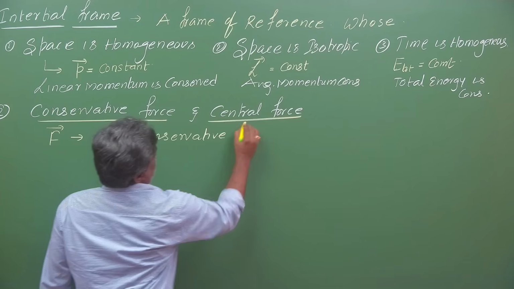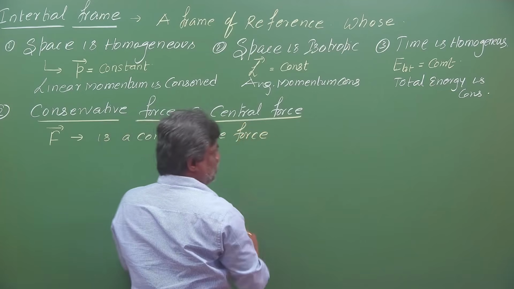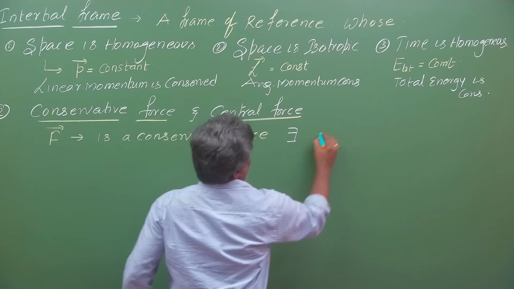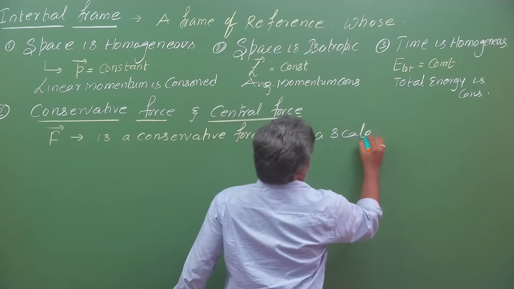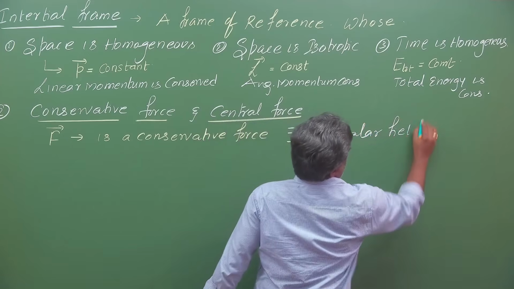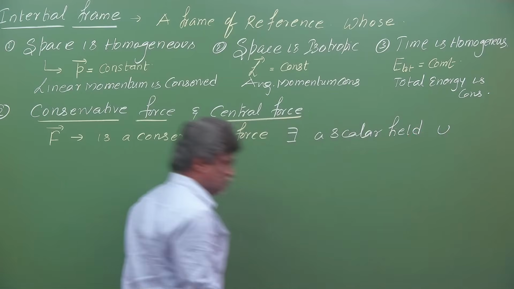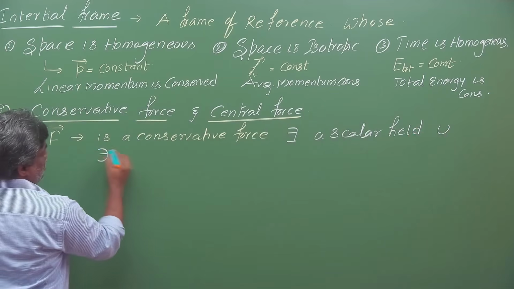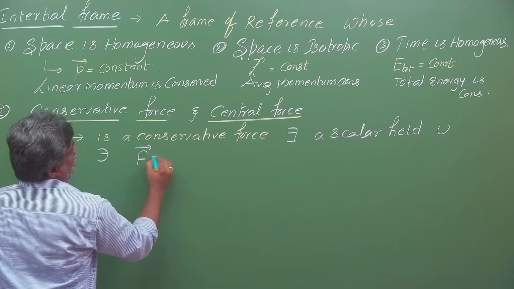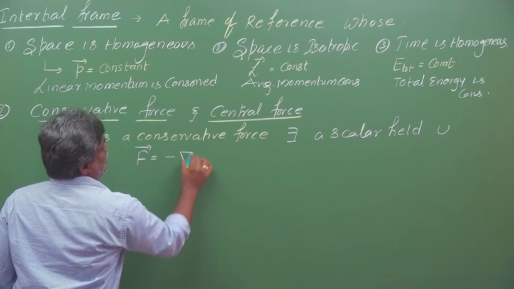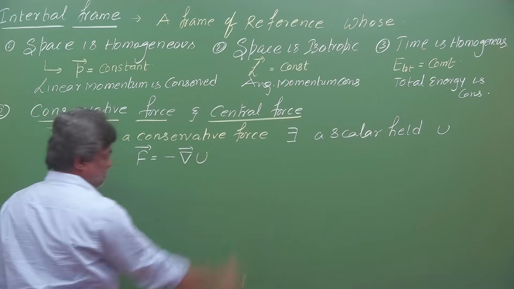Then there exists a scalar field, let us say U, such that F bar can be written as the negative gradient of the scalar.